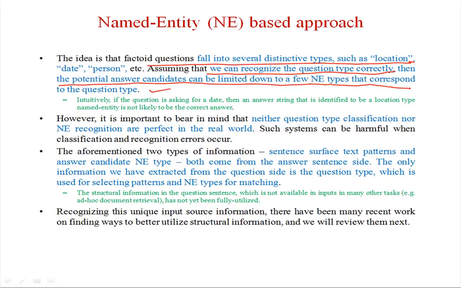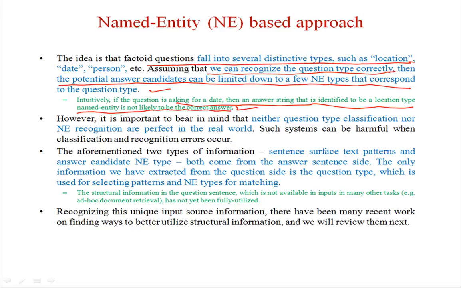This is intuitive. If the question is asking for a date, then an answer string that is identified to be a location type named entity is not likely to be the correct answer.